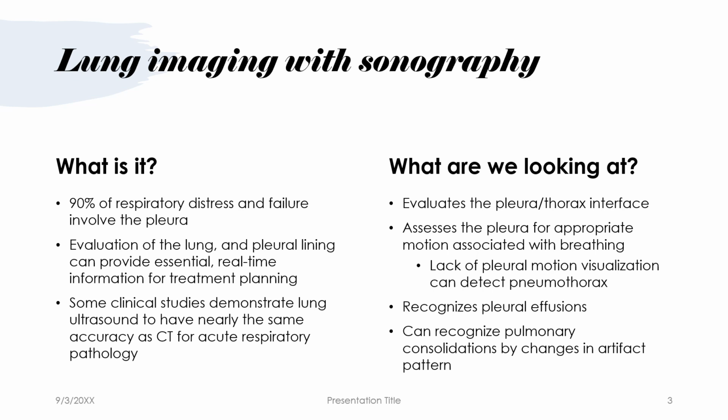We can also recognize pulmonary consolidations by changes in the artifact pattern. So as I said, a fully aerated lung is going to demonstrate those A-line artifacts that we're going to look at here in a bit, because they can't propagate the sound through the lung because it's filled with air, and therefore it's not going to contribute to producing an image, but rather provides artifact.